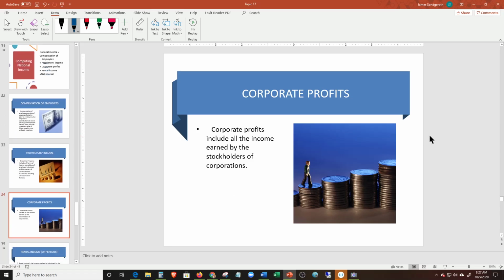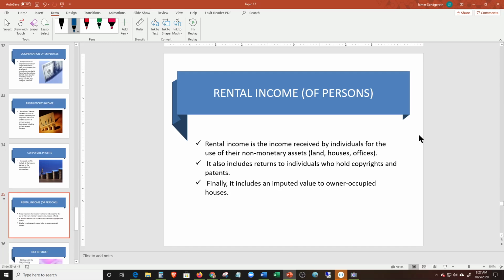Corporate profits include all income earned by stockholders of the corporation, and I should say it includes retained earnings and corporate profits taxes too. Rental income is received by individuals for the use of their non-monetary assets: land, houses, offices.